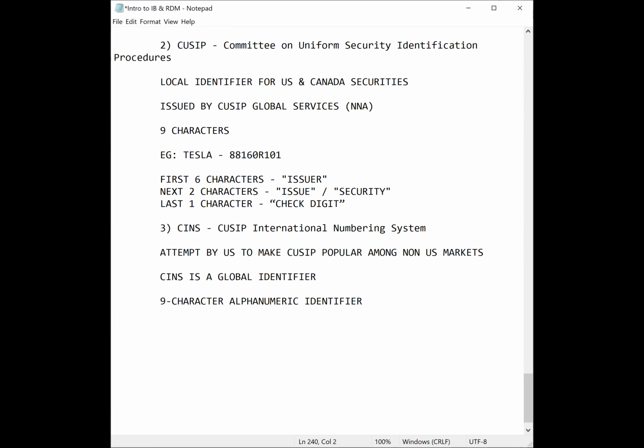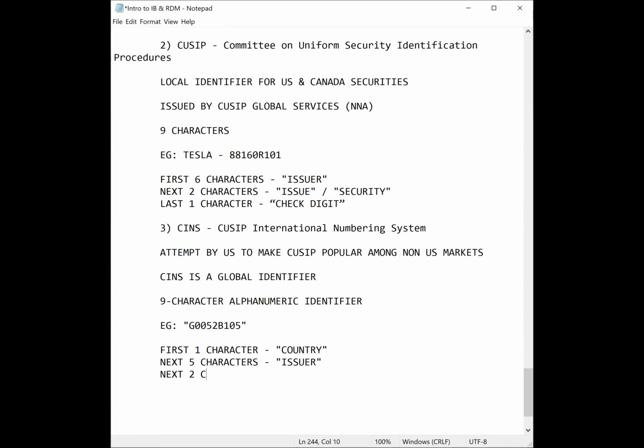For example, let's say we have G0052B105. It's a CINS number where the first character represents the country. The next 5 characters represent the issuer.